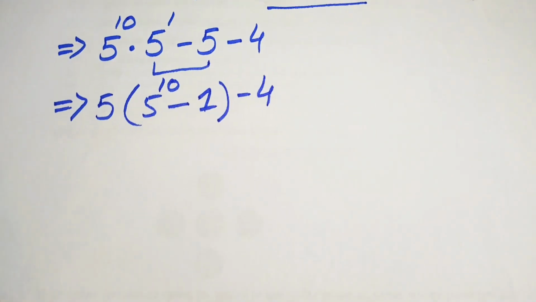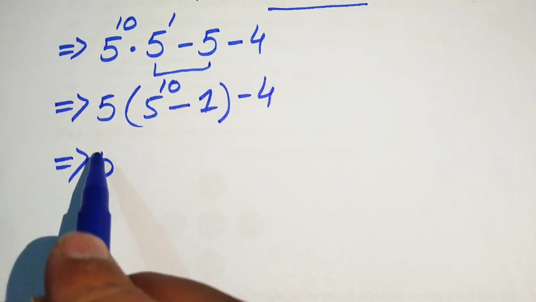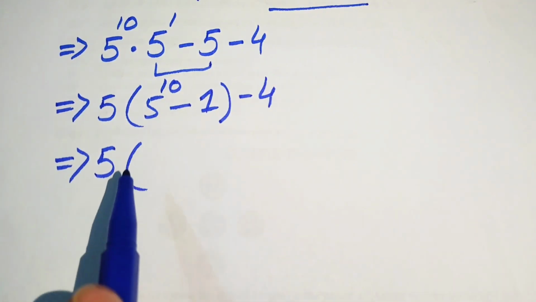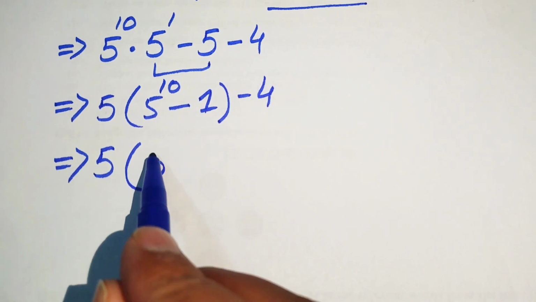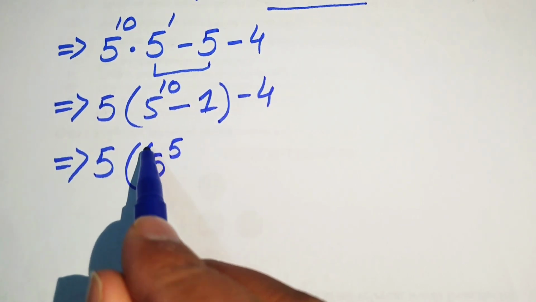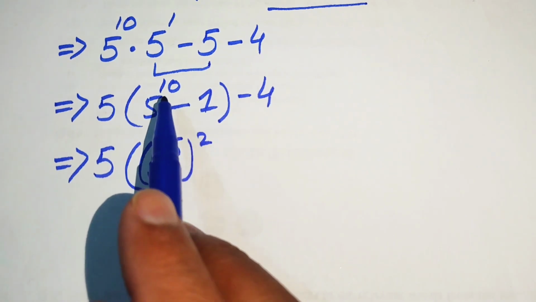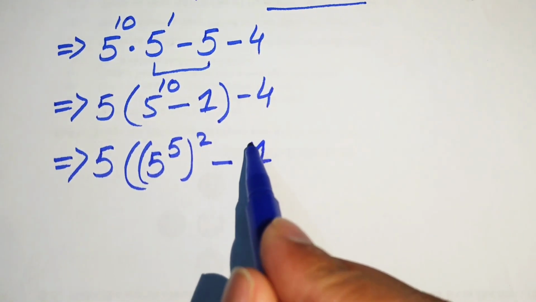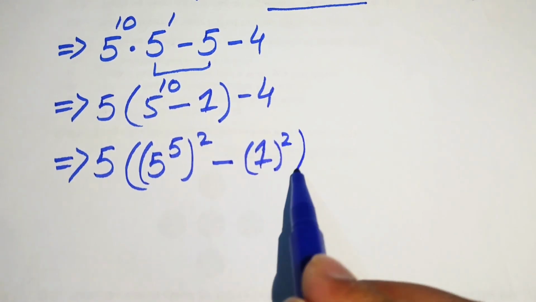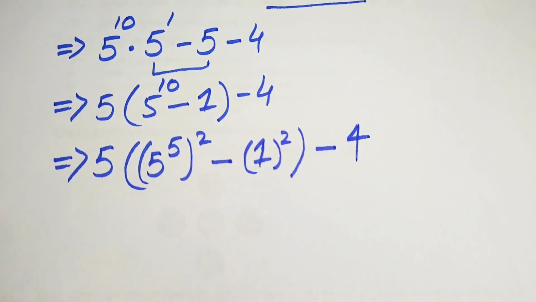After this step we again rewrite this expression as 5 into 5 to the power of 10, and we write it as 5 to the power of 5 and its whole square. We know that 5 times 2 gives us 10, and this is minus 1, and we write this 1 as 1 square because 1 square gives us again 1, and this is minus 4.